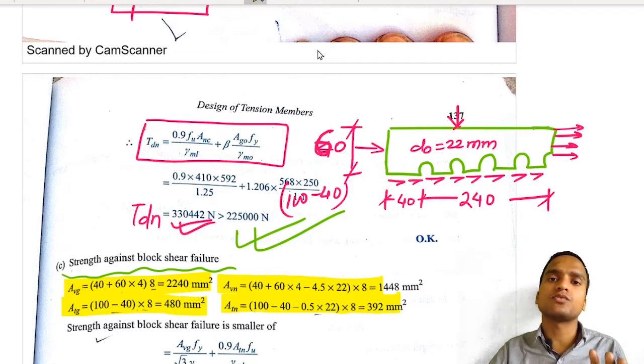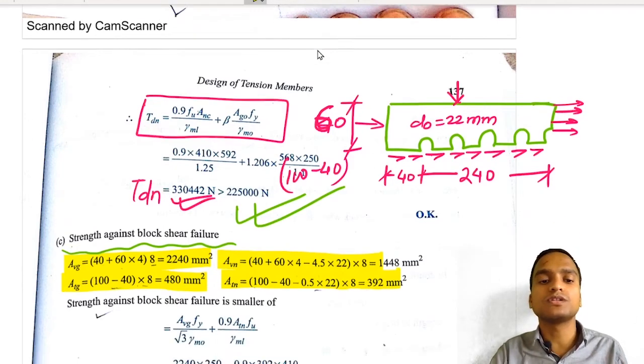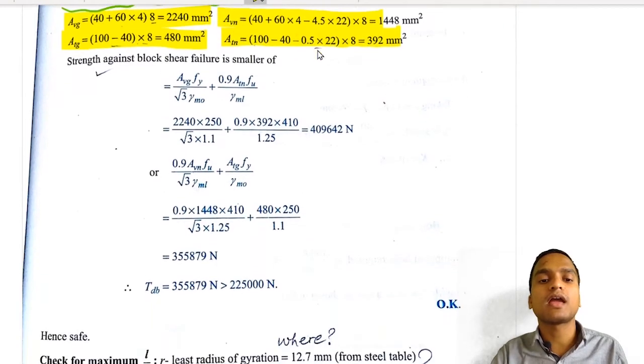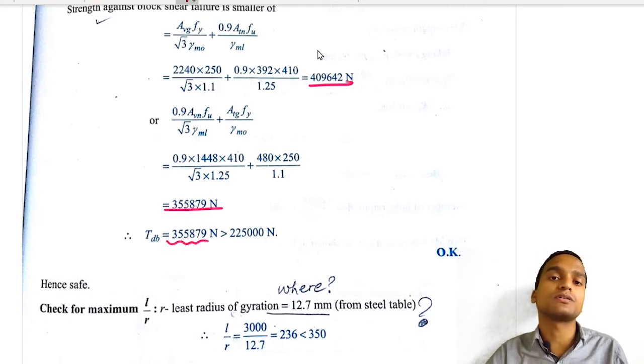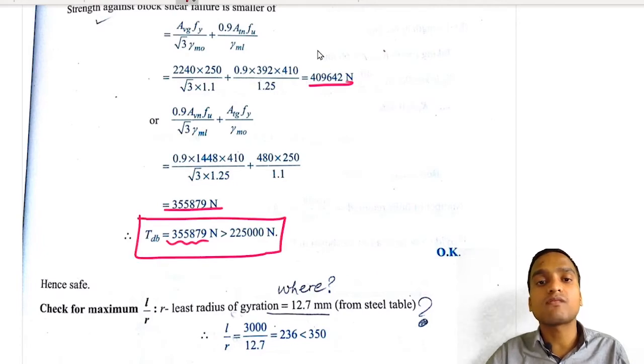And all these 4 areas are calculated and used in the 2 formulas of TDB, and finally we have taken the minimum of these 2 values, which is equal to 355 kilonewton, and this also is greater than the external factored load coming on the member, which is 225 kilonewton. So the tensile member that we have designed in this case is satisfying the external factored load sufficiently in all the 3 possible cases.